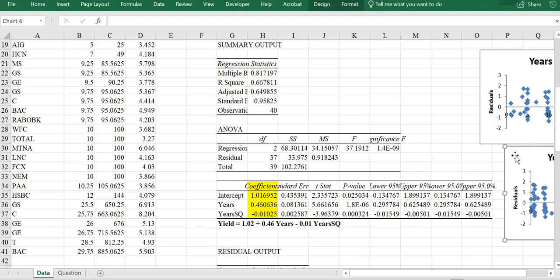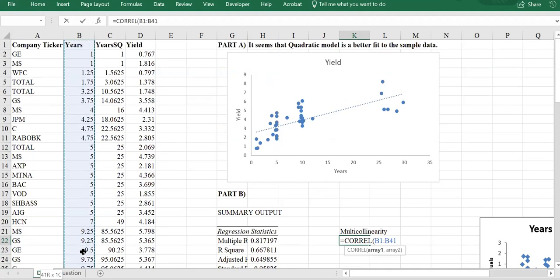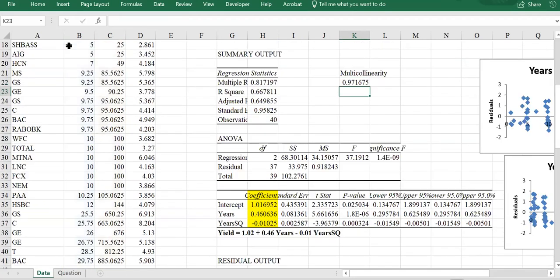Multicollinearity, again, is going to exist because between x and x squared the correlation is going to be huge. Just having the label here does not change anything. The correlation is 97%.